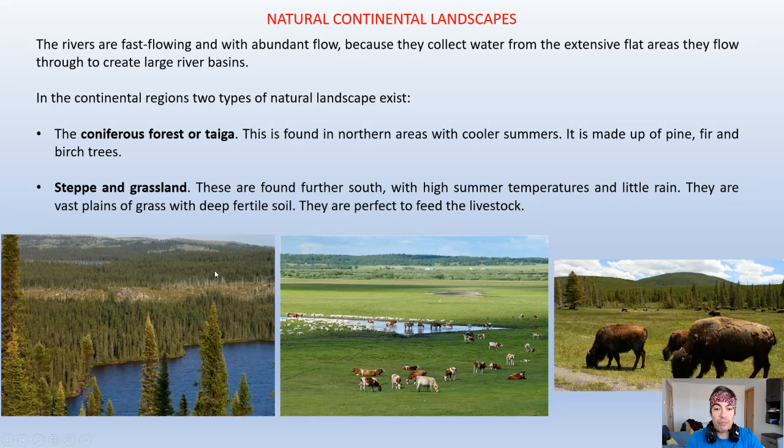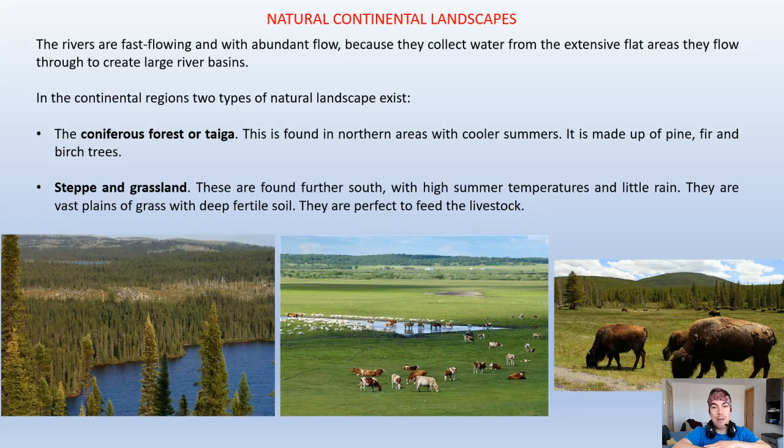So let's go to the natural continental landscapes. We have that the rivers are fast flowing, they go whoosh, fast, and with an abundant flow because they collect the water from many other rivers from the extensive, very large flat areas.